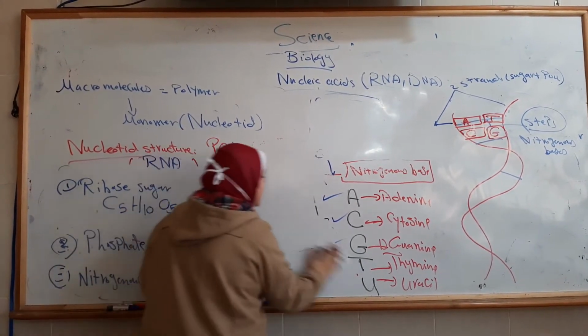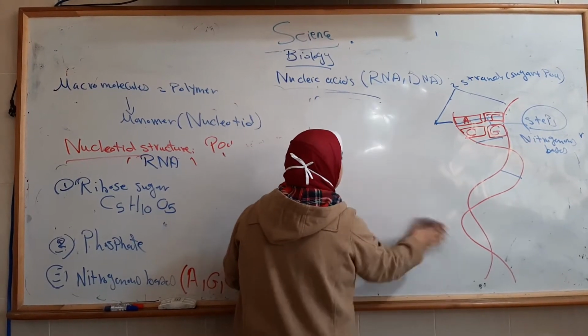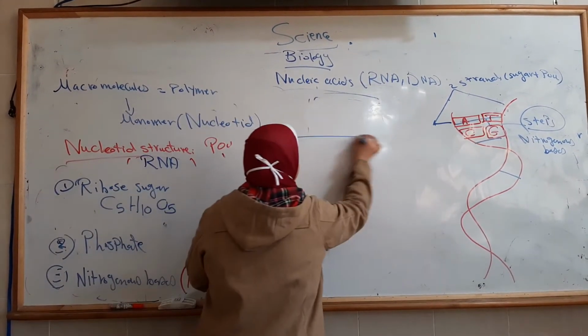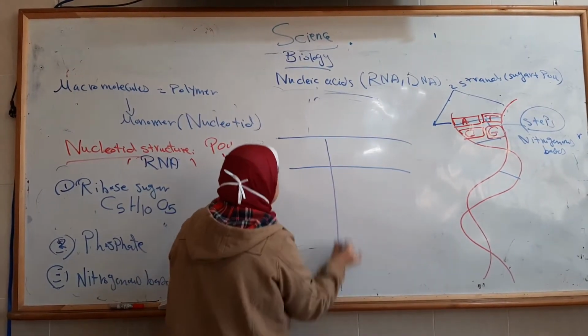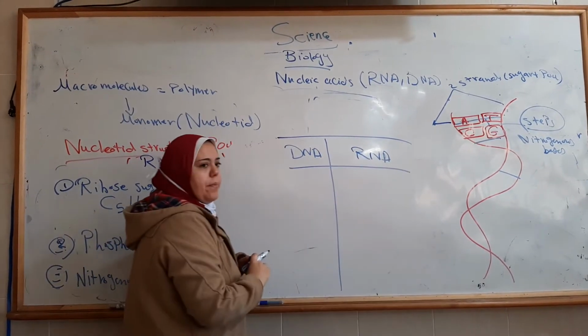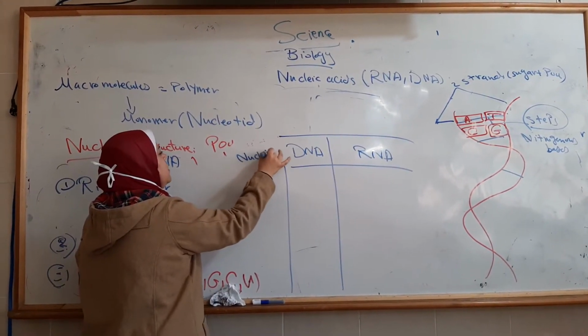What is the difference between DNA and RNA in structure? The nucleotide of both of them, in this table: DNA, RNA. Nucleotide.